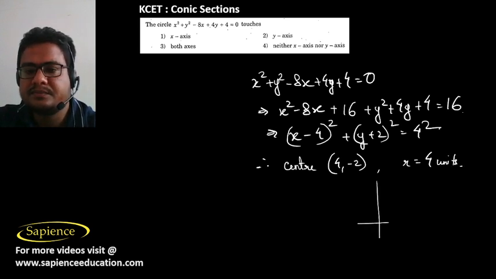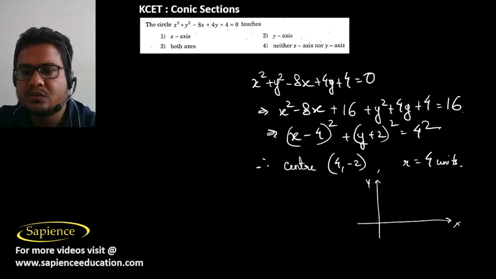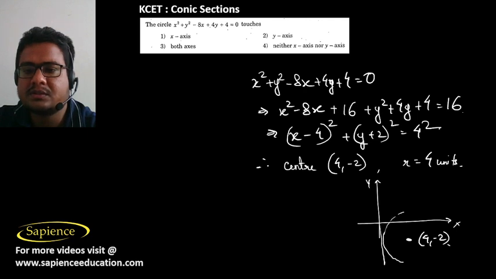So here this is the x-axis, this is the y-axis, suppose. So the center is at 4 comma minus 2, so it is somewhere here. This is 4 comma minus 2 and the radius is 4 units. So it means that it will touch the y-axis and it will intersect the x-axis.